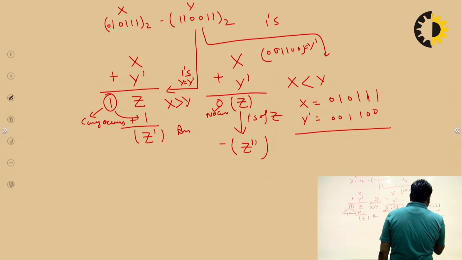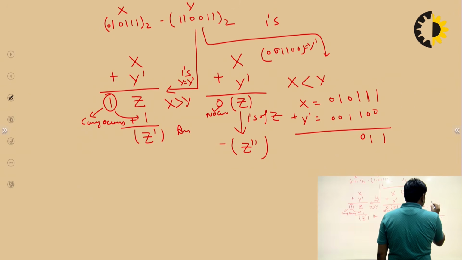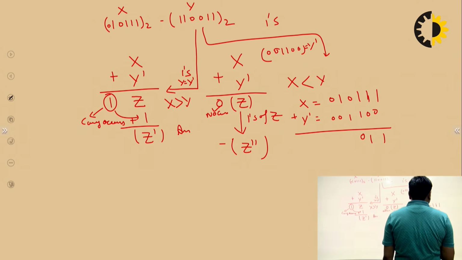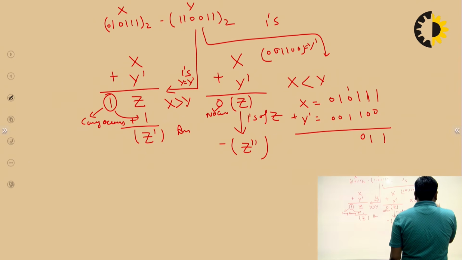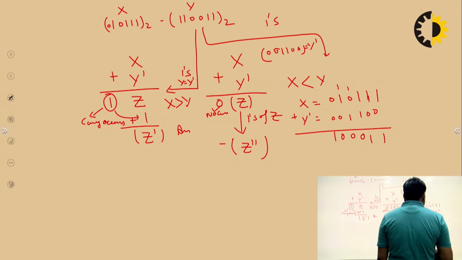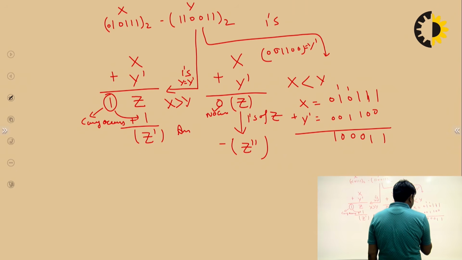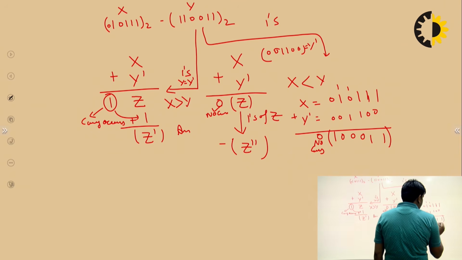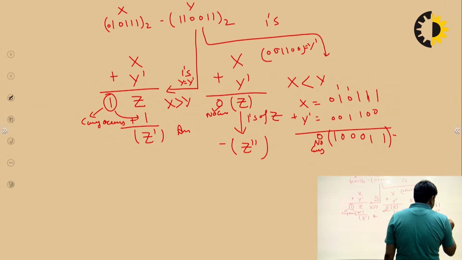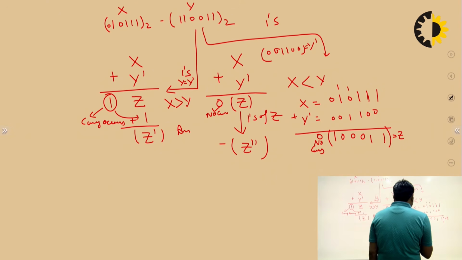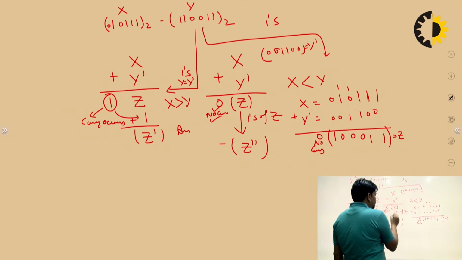Then we add it: 1 plus 0, 1, 1 plus 0, 1, 1, 1, 0 added, and 1 carry. So that means 101, 10, 101, 10, 1. So this is a number having no carry, that means no carry occurs. So this represents a negative number. We can say this is z. If no carry occurs, what is the answer?